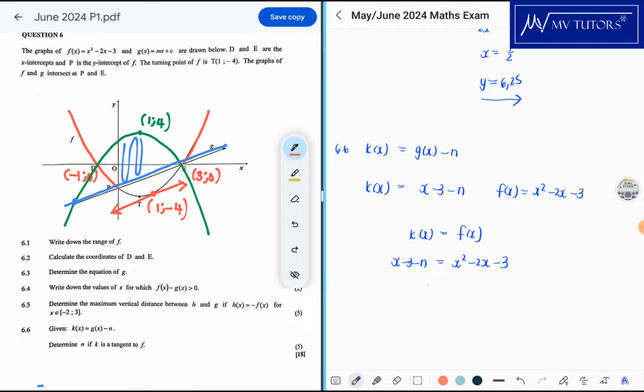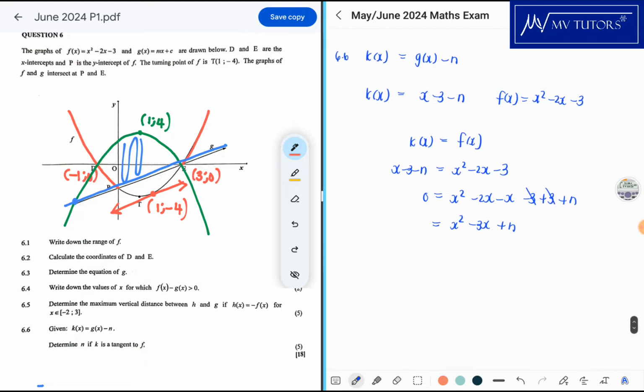And I'm going to take everything to the right. So I have x squared minus 2x minus x minus 3 plus 3 plus n. If I simplify that, I will have x squared minus 3x. The 3's will cancel and I'll have n.